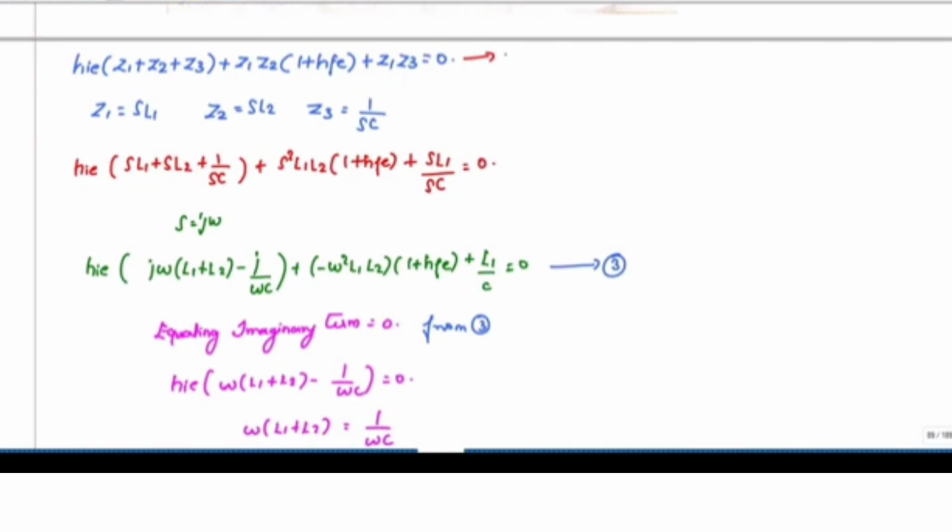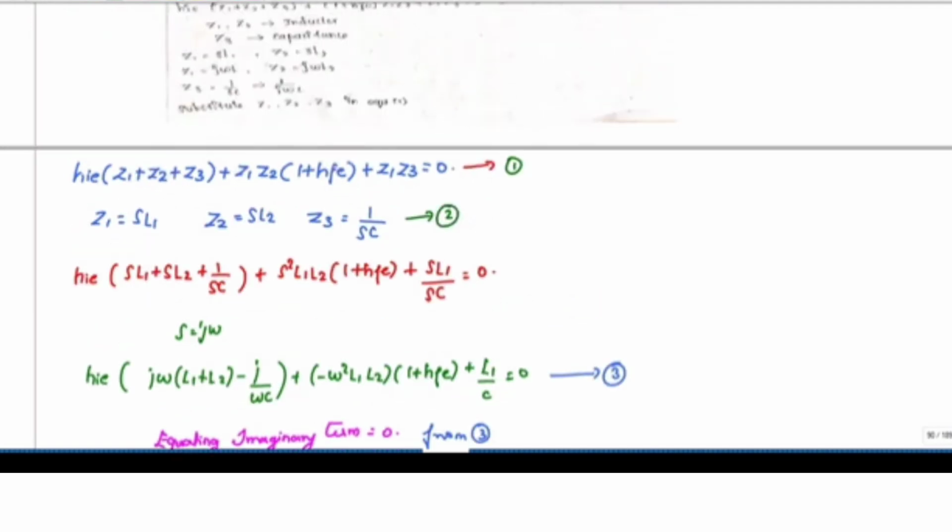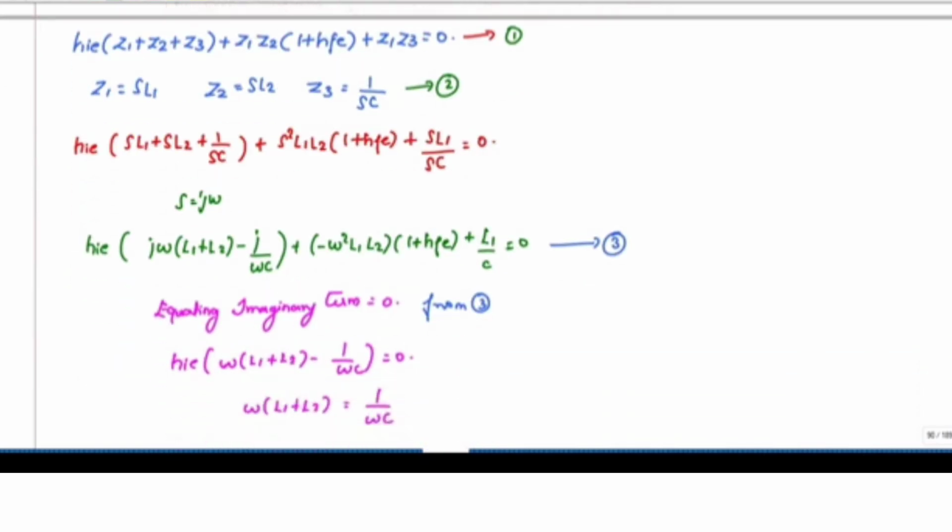The first equation is hie (Z1 plus Z2 plus Z3) plus Z1 Z2 (1 plus hfe) plus Z1 Z3 is equal to 0. This is the general form of the oscillator equation, so if you want, refer to my previous videos, where you can see how Z1, Z2 and Z3 are connected.